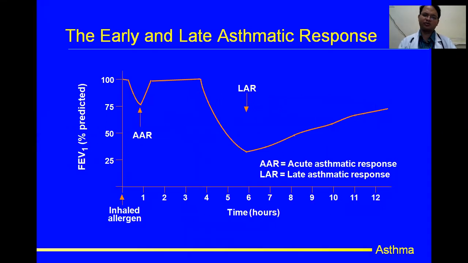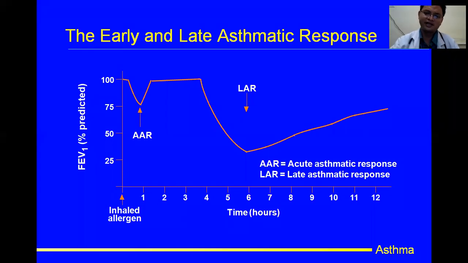Here is the pathophysiology, the early and late asthmatic responses. Whenever the patient is given an allergen, within a few minutes, around 15 to 20 minutes, there will be bronchial obstruction. The patient will be very dyspneic, and it slowly terminates. It will not last more than 1 hour.